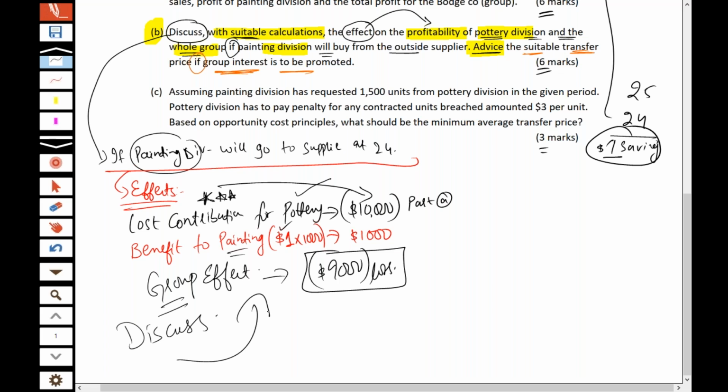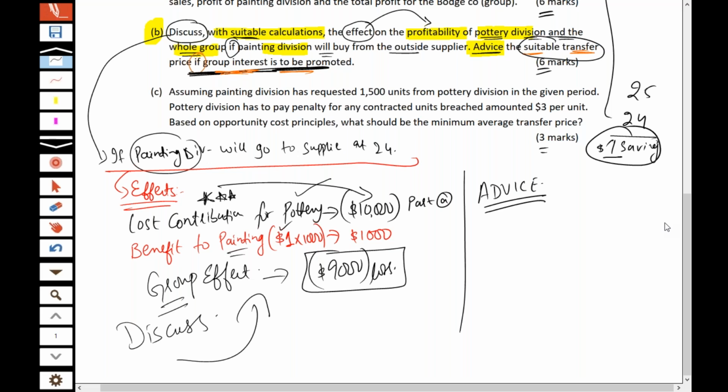Okay. Now, advise the suitable transfer price if group interest is to be promoted. Remember my words, whenever you are asked to give advice on transfer pricing, always advise from the group angle. What should the transfer price be?